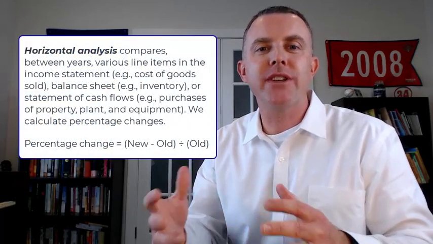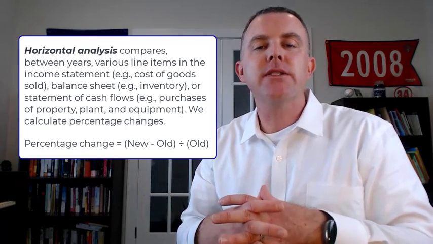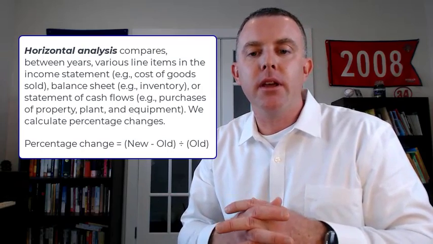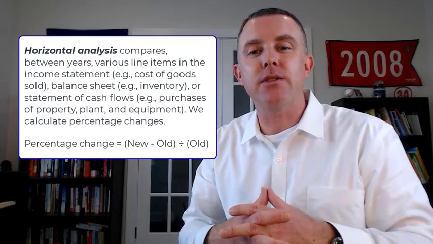Before we dive into the first Excel portion of this objective, let's define horizontal analysis. Horizontal analysis compares various line items between years in the income statement, the balance sheet, or even the statement of cash flows.